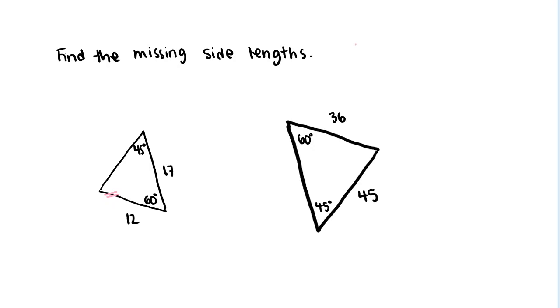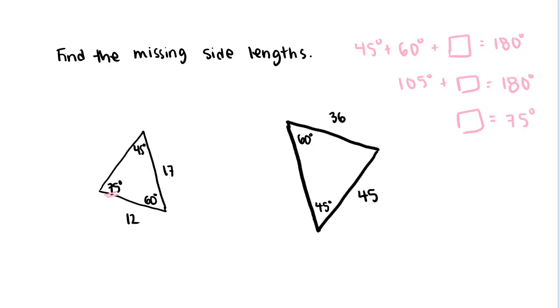So I know that 45 degrees plus 60 degrees plus this missing angle, I'm just going to put a box there, should come out to 180. 45 plus 60 is 105 degrees, plus this missing angle equals 180 degrees. Subtracting 105 degrees from both sides tells us that this missing angle is 75 degrees. I'll just write that down as 75 degrees.